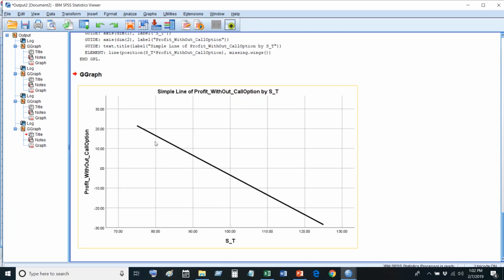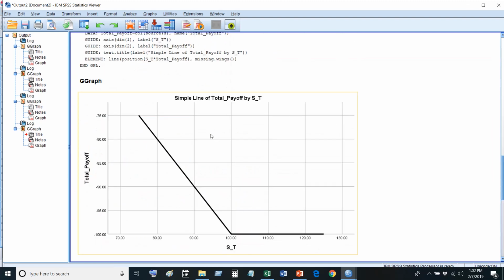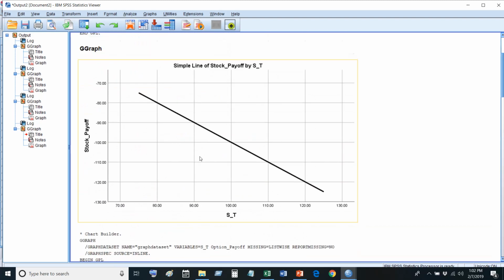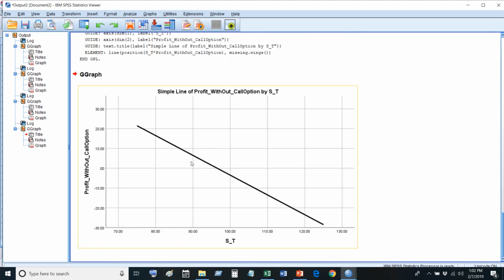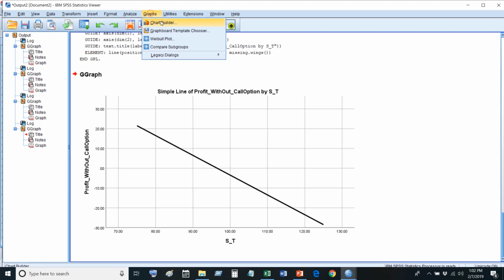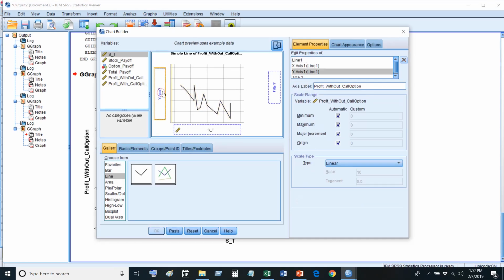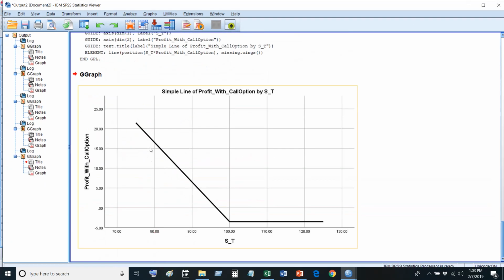So it's almost the same as when we didn't buy the call option, like this graph. So profit linearly decreases when the stock price increases, but we can control it by just buying a call option. So profit with a call option applied, this is what it is.